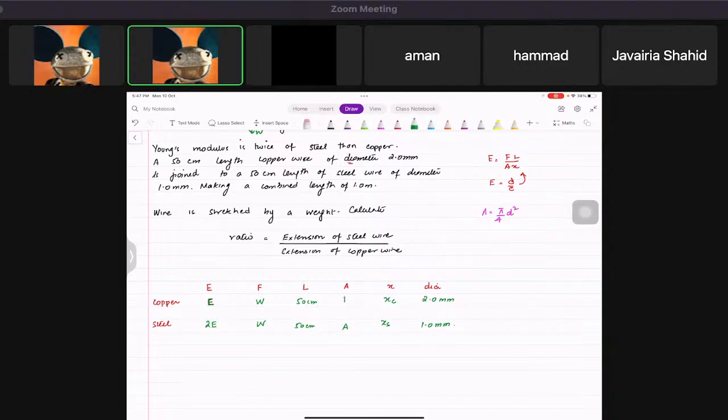Do you understand this? Because if this is the diameter D and this is 2D because of its double, so area will be 4 times the A. You get my point here?